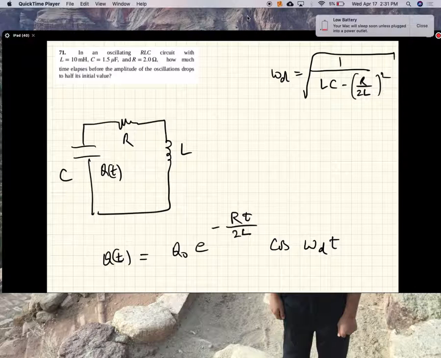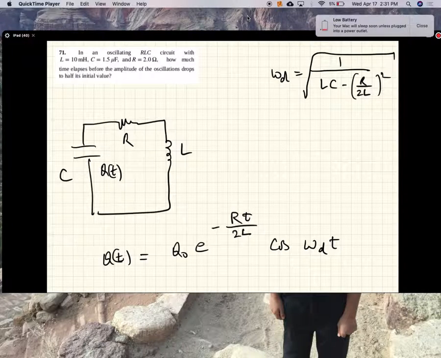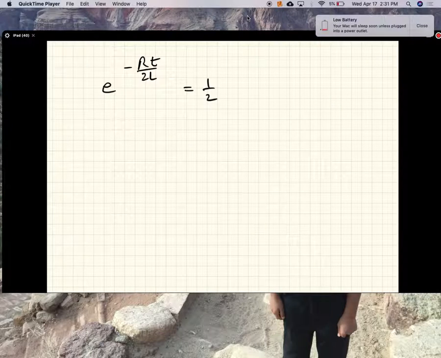What we want is e to the power of minus RT by 2L to be half, assuming this expression is correct. You guys can check this, and if it's not, then I'll fix it later. No, I won't fix it later because this is being recorded.